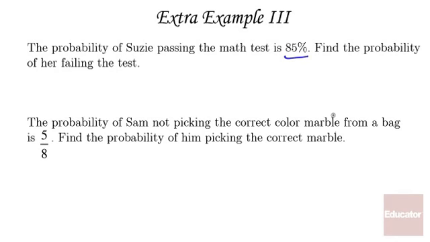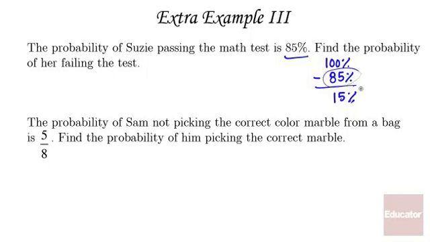So we know that from 100%, we have to subtract the percent of the probability that she's going to pass the test to see what the probability of her failing the test is going to be. So from here, this is 15%.